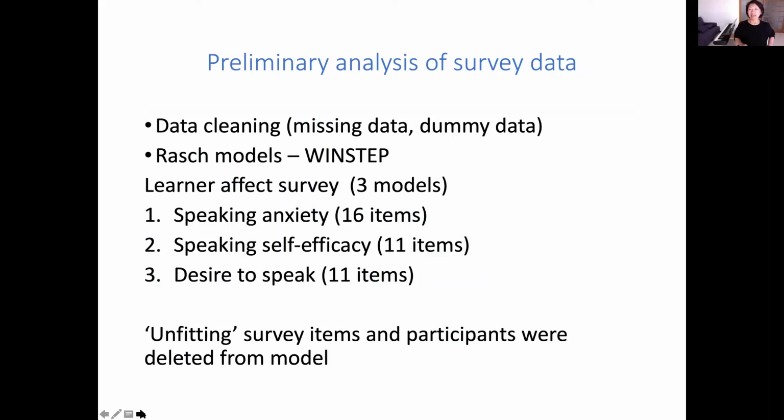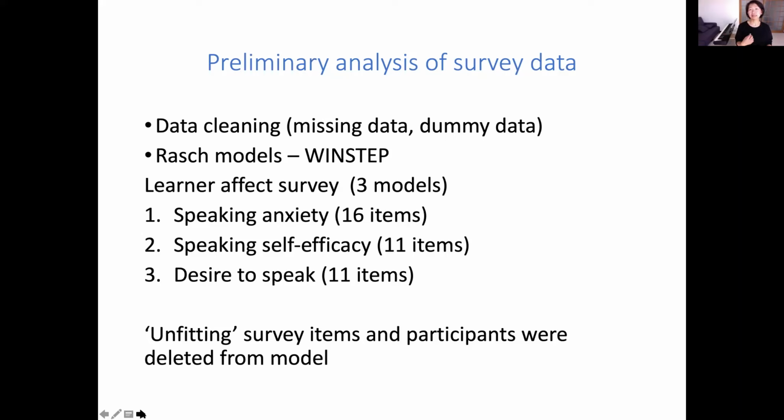Okay, now going on to some preliminary analysis of the survey data. When using any survey, we have to do, first of all, some cleaning of the data before we start any analysis, basically to see if there is any missing data. Okay, so if I'm interested to see pre-test and post-test survey, participants who only did one and not the other had to be pulled out from the sample.